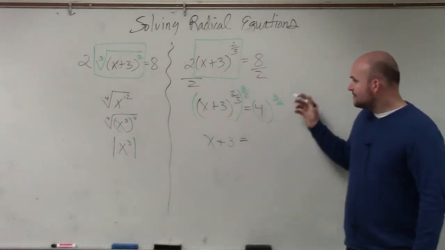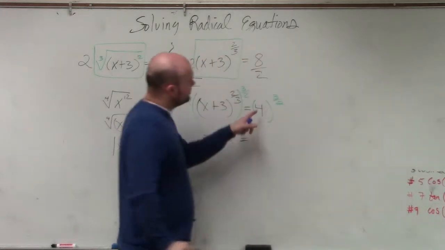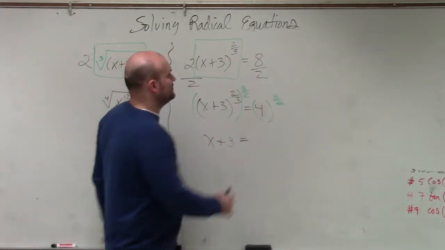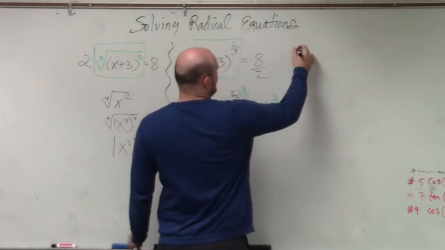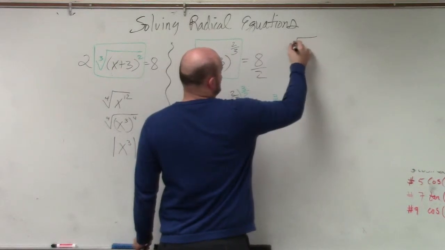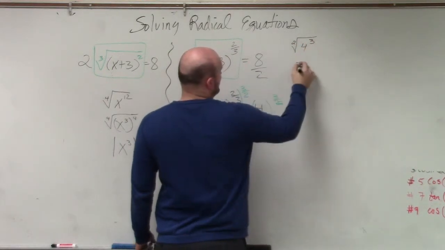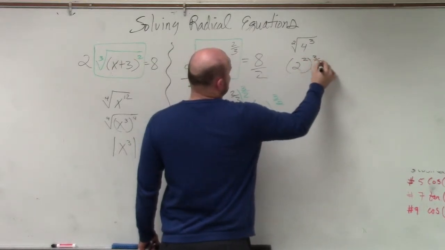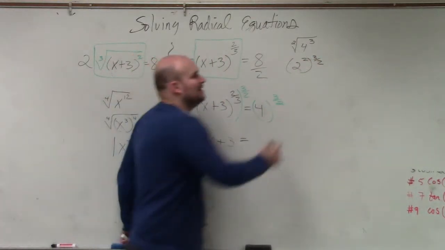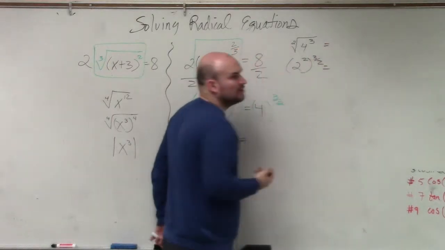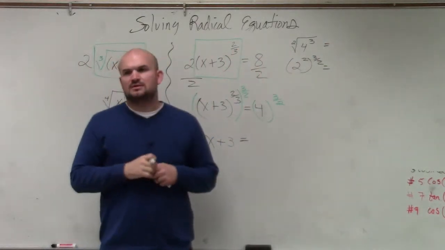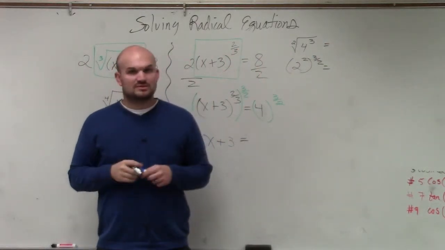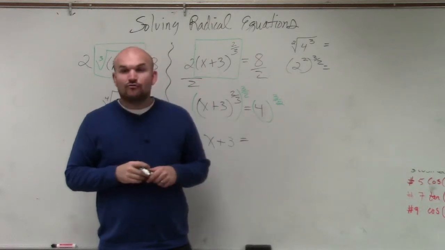So in this case, some of you guys might be able to write this. You could either rewrite this as the square root of 4 cubed, or you could rewrite 2 as 2 squared to the 3/2. Whatever way makes more sense for you, it really doesn't matter. 4 cubed is what? 64.